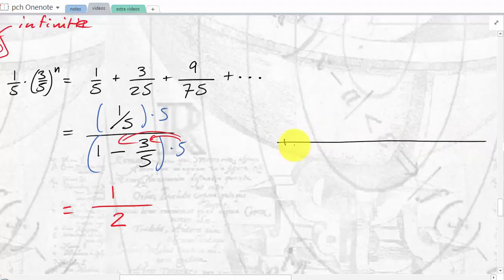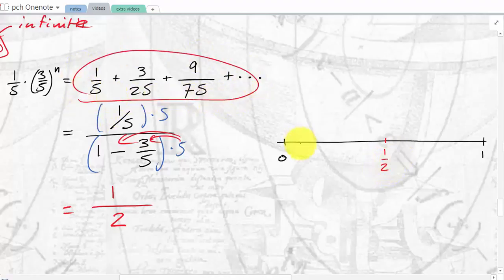So suppose this is 0, 1. Here I have the sum of my series, 1/2. What am I adding together? These terms. So suppose 1/5 is like right here. It would be maybe smaller than that, okay? But I need to make space. That's the first one, that's 1/5.